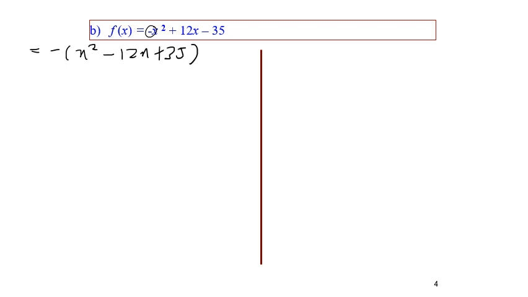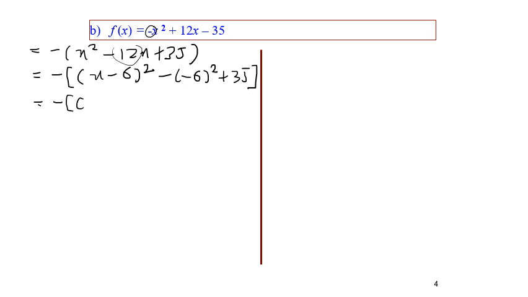And then we can proceed to change into square bracket, and x squared minus 12x will factorize and become x minus 6 squared. Remember, this one we need to divide by 2. And outside here, minus this one, negative 6. So just copy negative 6 over here. Squared plus 35. Close bracket.